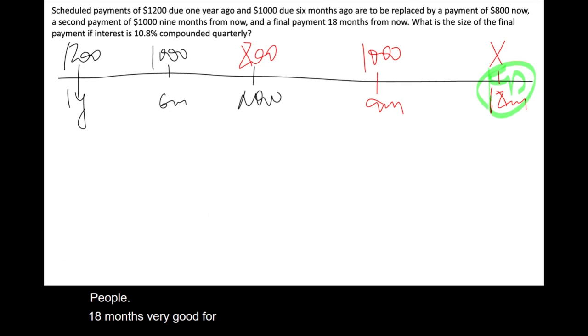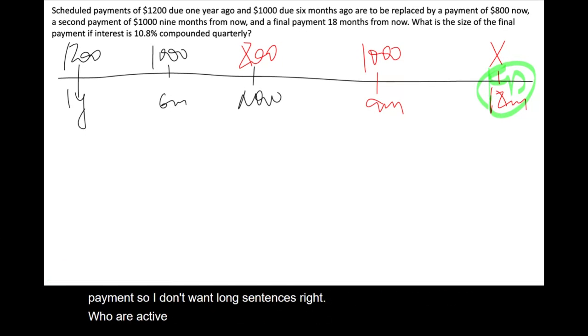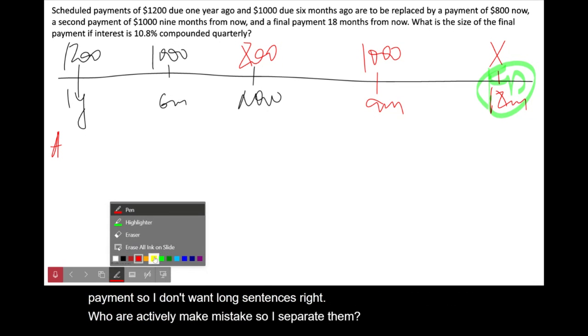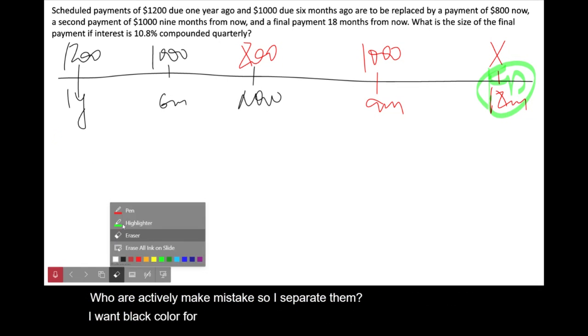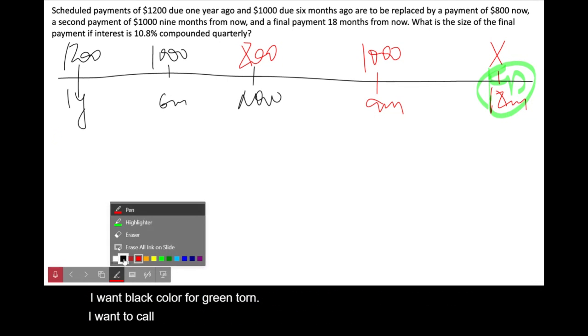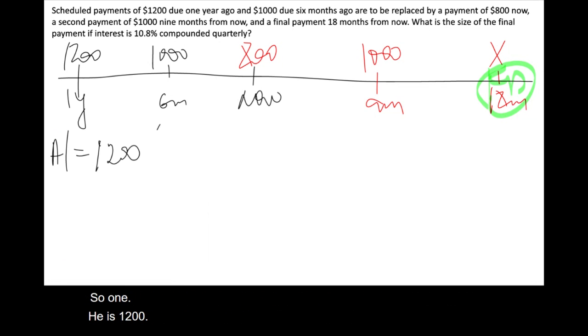Focal date is here. So in this case, I have more than one payment, so I don't want long sentences, where I can easily make a mistake. So I separate them. Actually, I want black color for agreement 1. I want to color code them, right? So A1 is 1,200.